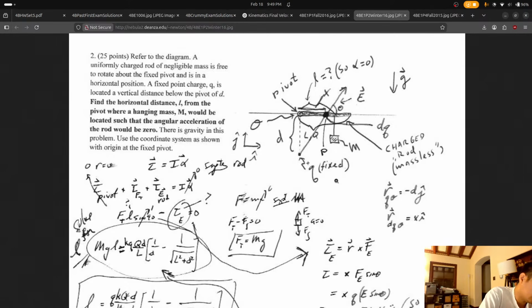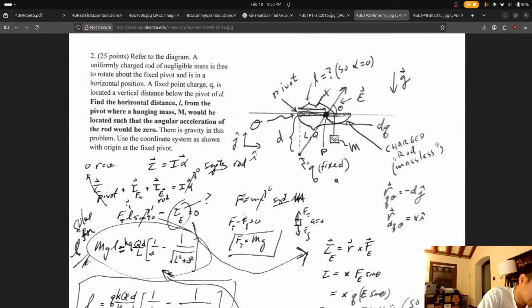Okay, so this is going to be the torque. Then d tau is equal to... I forgot the lambda again.